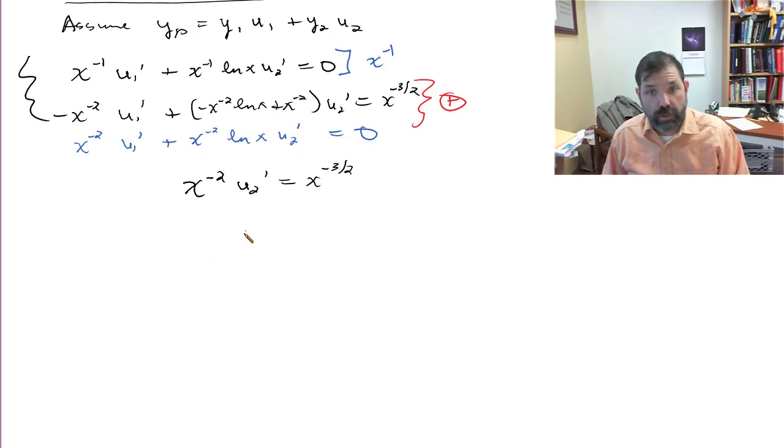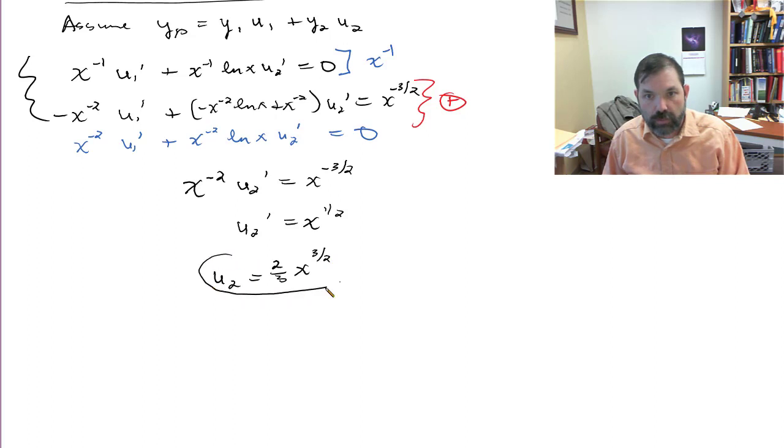Multiplying through by x squared, u2 prime is equal to x to the 1/2 power, which then means that u2, finding an antiderivative, would be 2/3 x to the 3 halves. So I now know the u2.